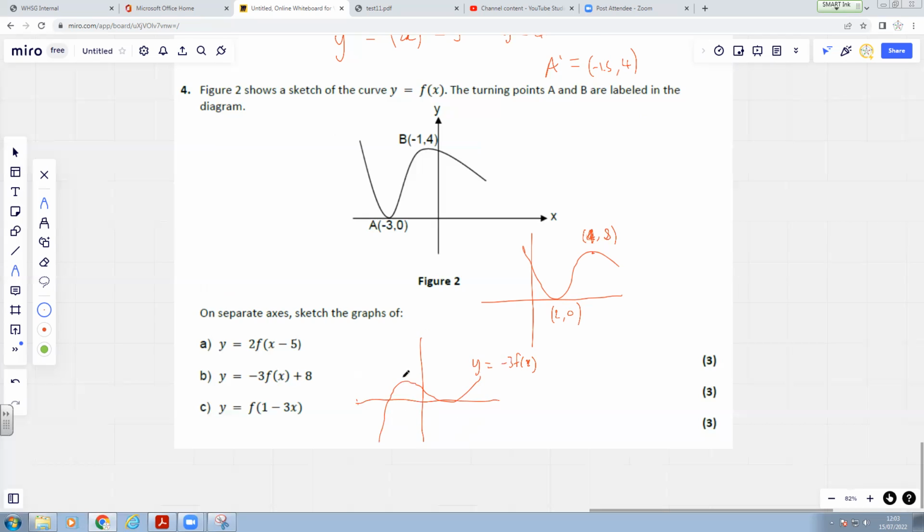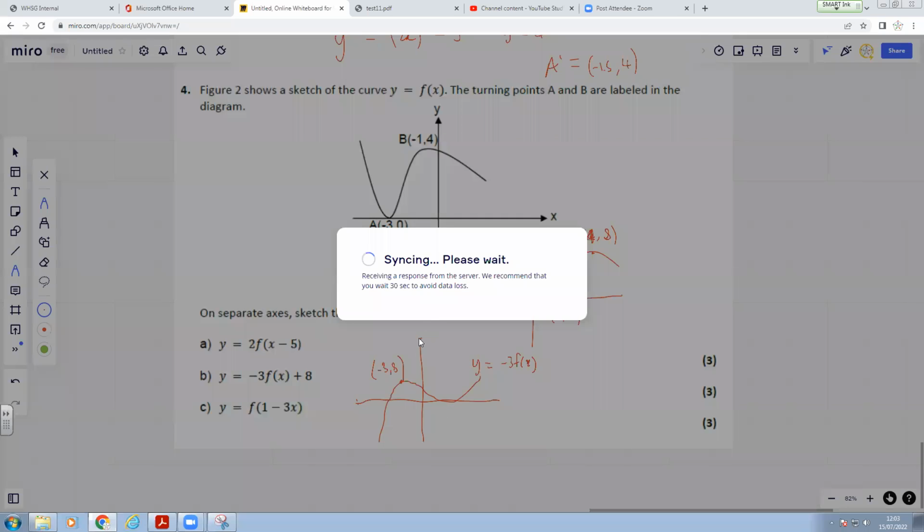We're now going to have minus 3, 8 for A. And B, and it doesn't look very good on my diagram because I haven't drawn it very nicely, but it's actually going to be at minus 1, minus 4, because the previous value was minus 1, minus 12, and we need to move it up 8. So that's going to give us minus 1, minus 4.